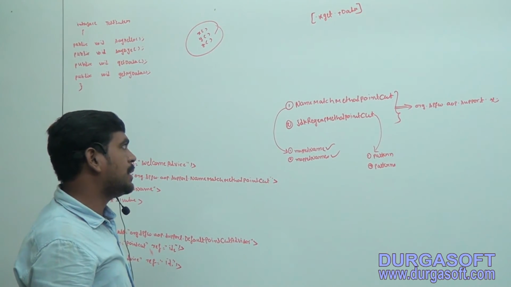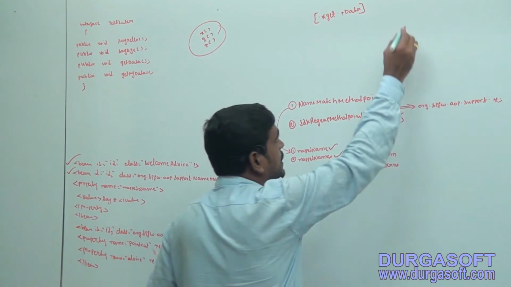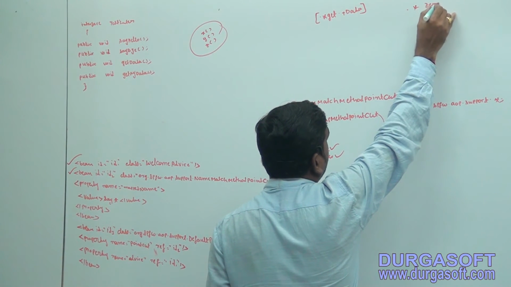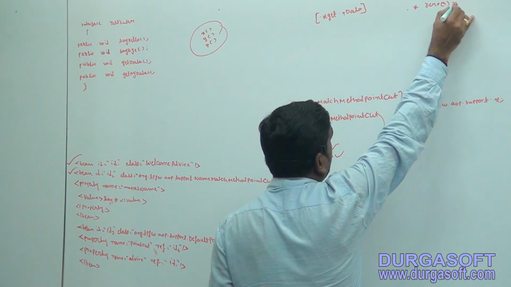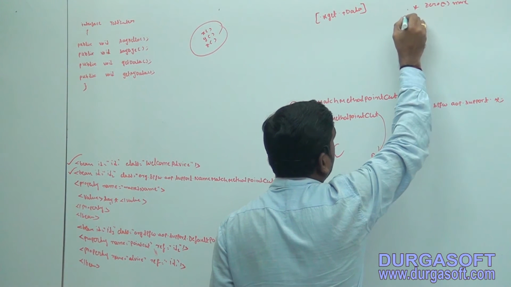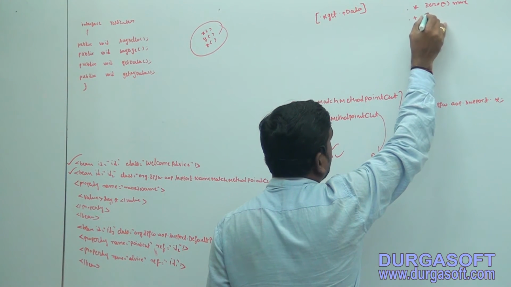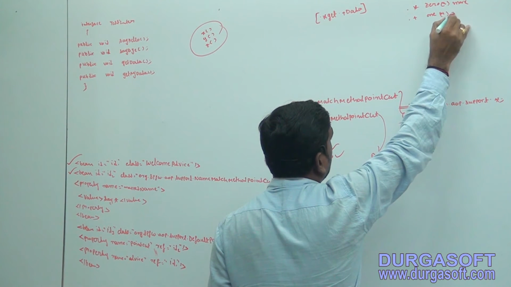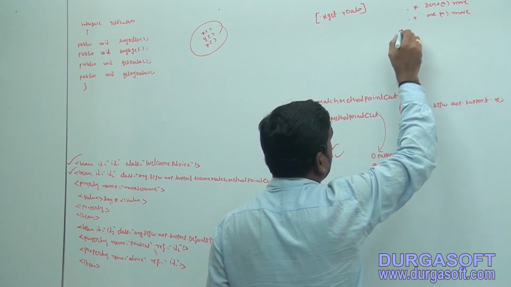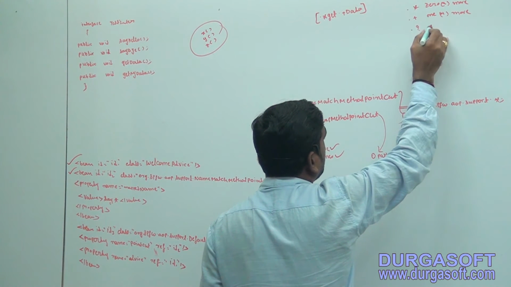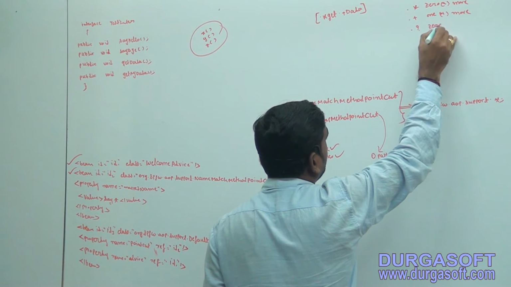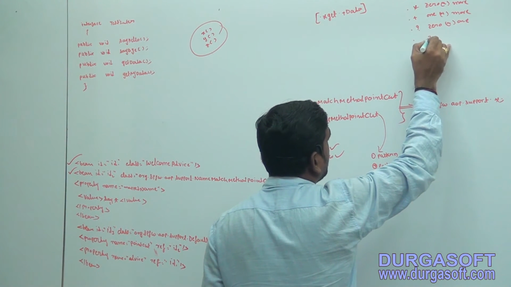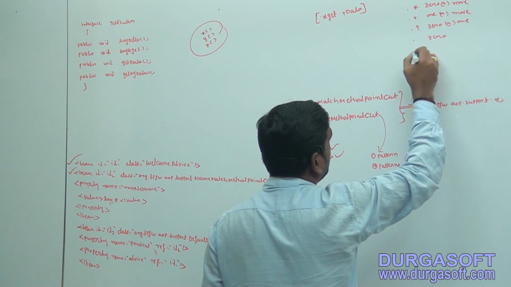See now here, dot star represents 0 or more characters. Dot plus represents 1 or more characters. Dot question mark represents 0 or 1. Dot represents any one character.